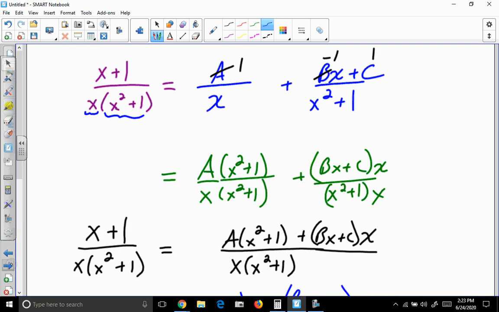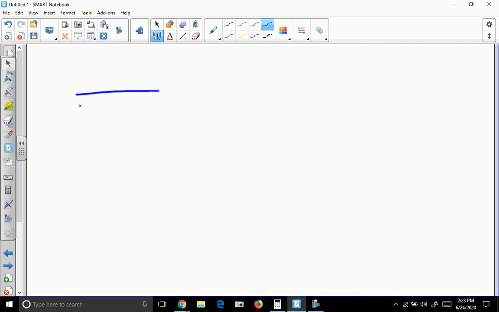Real quickly, let's make a comment. What if we have an x over x plus 2 squared as our factors? Well, we're going to end up with an x on bottom, x plus 2 on bottom.